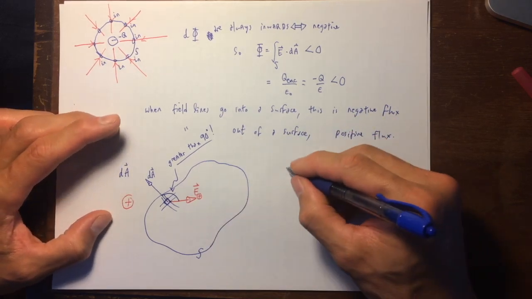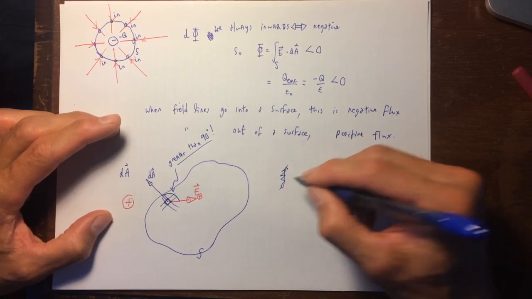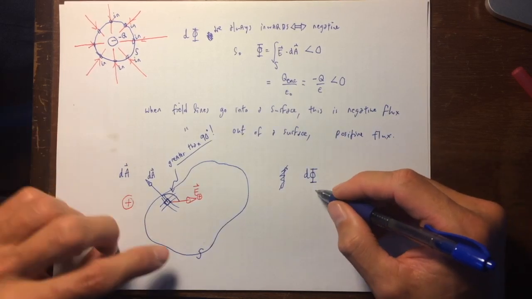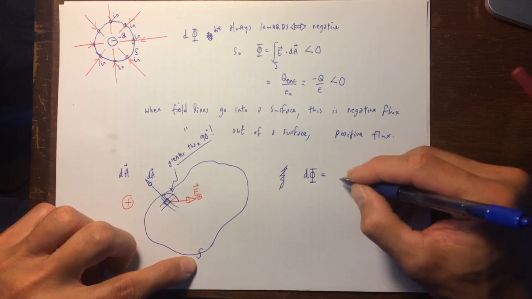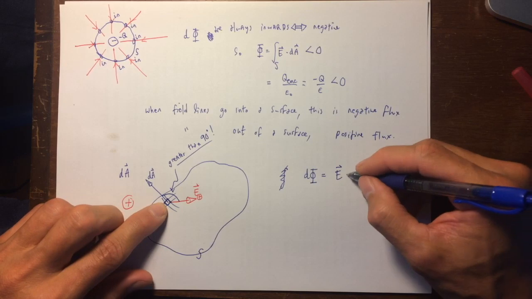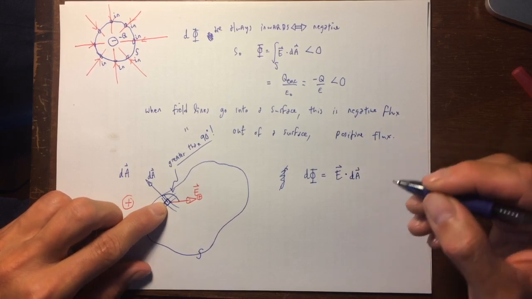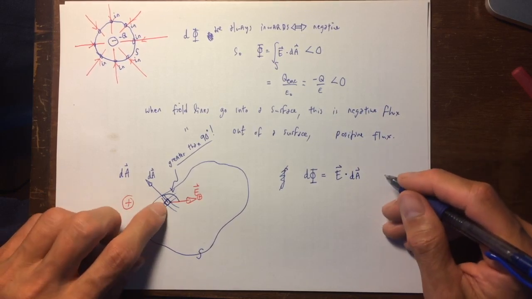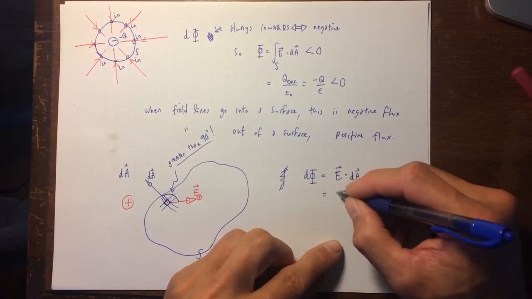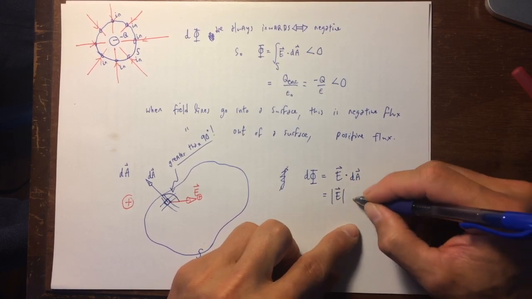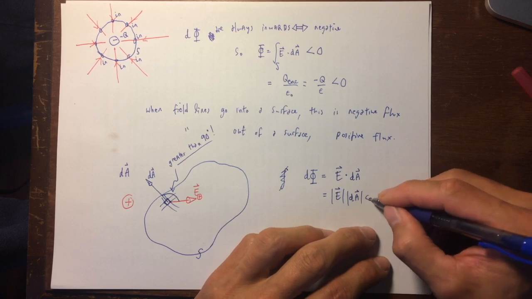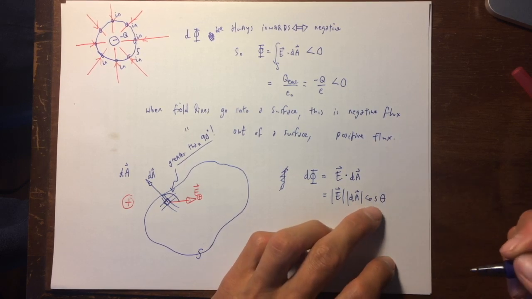It's interesting because there are small contributions to the total flux through this surface S, which are equal to the electric field vector at that place on S, dotted with the area element vector that represents that small piece of surface on S. This is E magnitude times the magnitude of the small area element, dA, times the cosine of the angle between them.